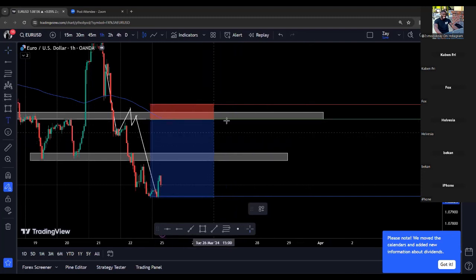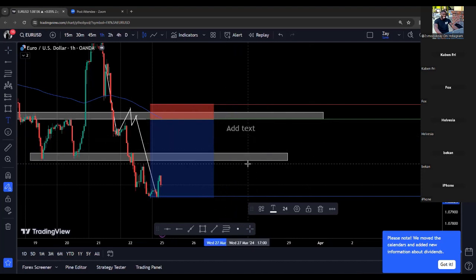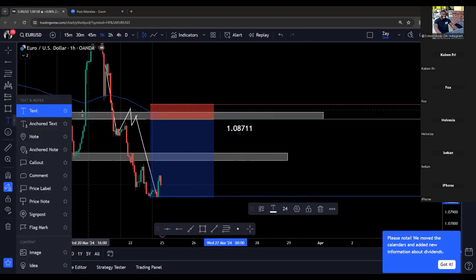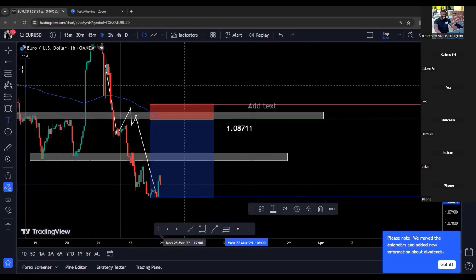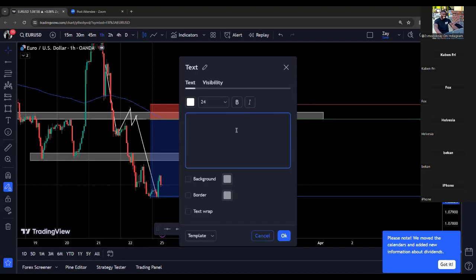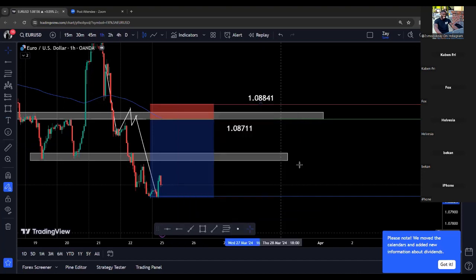Entry price. I'm going to write it out so y'all can see it, because I might not be able to see it on the right side. It's green right here. Tell me the entry price. 1.08711. Thank you. Stop loss: 1.08841.